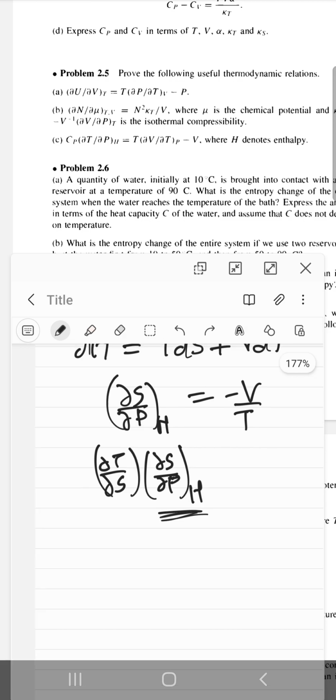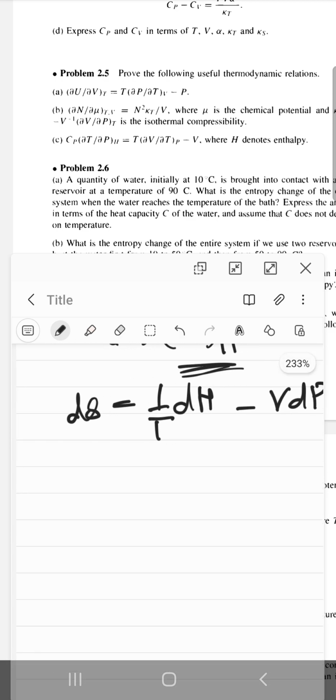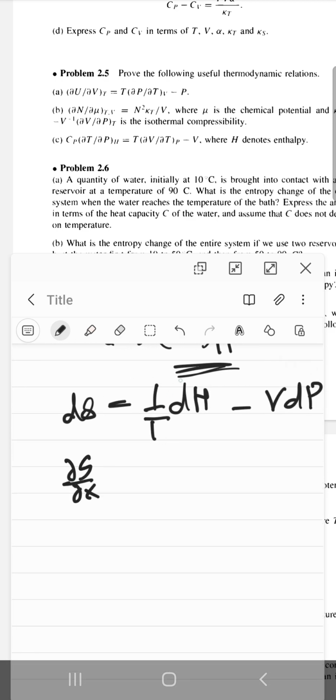Okay, let's actually try to figure it out. So you want to eliminate that somehow, right? So you'll be writing dS equal to dH upon T, I suppose that's just how it should be done. So just 1 upon T dH, plus, not plus actually, minus V dP. And so now you can say that partial S upon partial x, so S sub x, is just 1 upon T H sub x minus V P sub x.